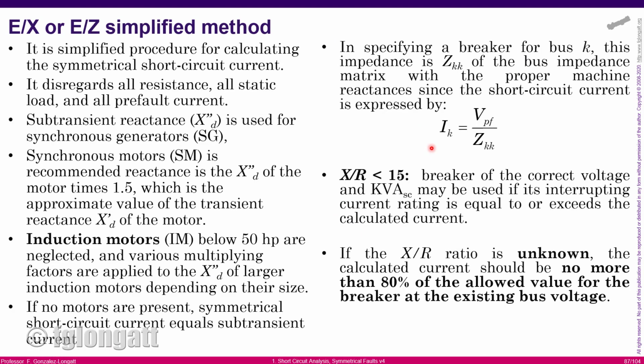One more thing before we move forward and finish this explanation. I didn't formally introduce it, but the short circuit method that I am presenting here in my classes is what we call the complete method. The complete method is based on the real impedances in the system, and they are not multipliers, they are not modifiers.